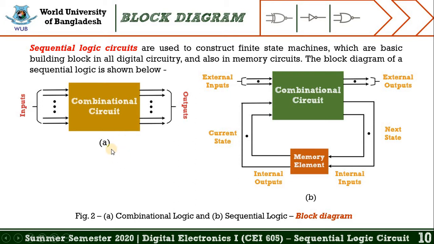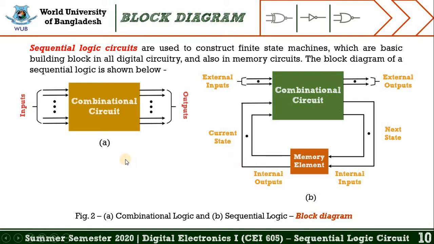That's why I have attached these two figures in this slide. So figure A represents the block diagram of combinational circuit, and figure B represents the block diagram of sequential logic circuit.